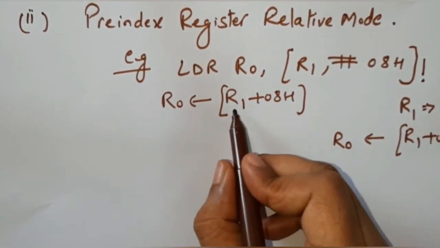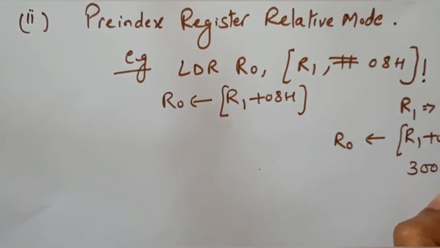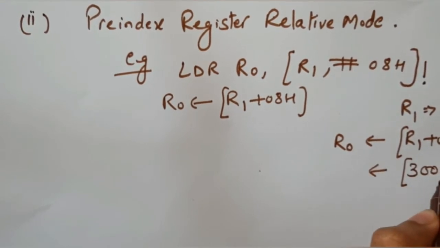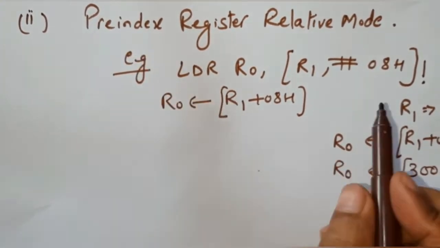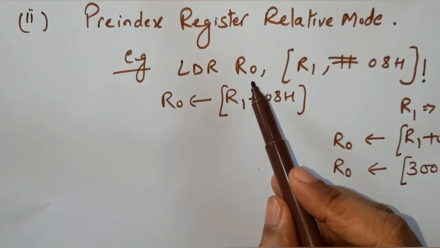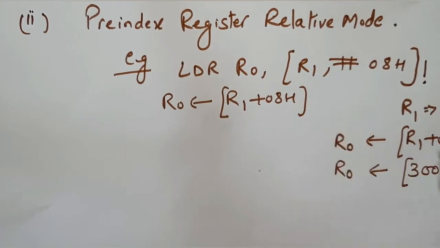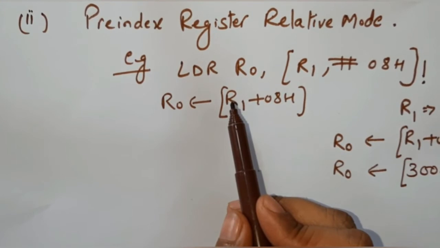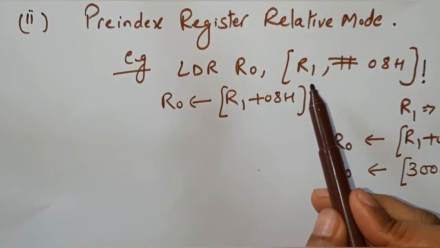After this displacement value is added to the register R1, its value will be 3008. So in pre-indexing, first the pre-indexing is done, then the data will be loaded to R0. So here the value of R1 will be changed to 3008. In the case of normal register relative addressing mode, the value of R1 was not changed.